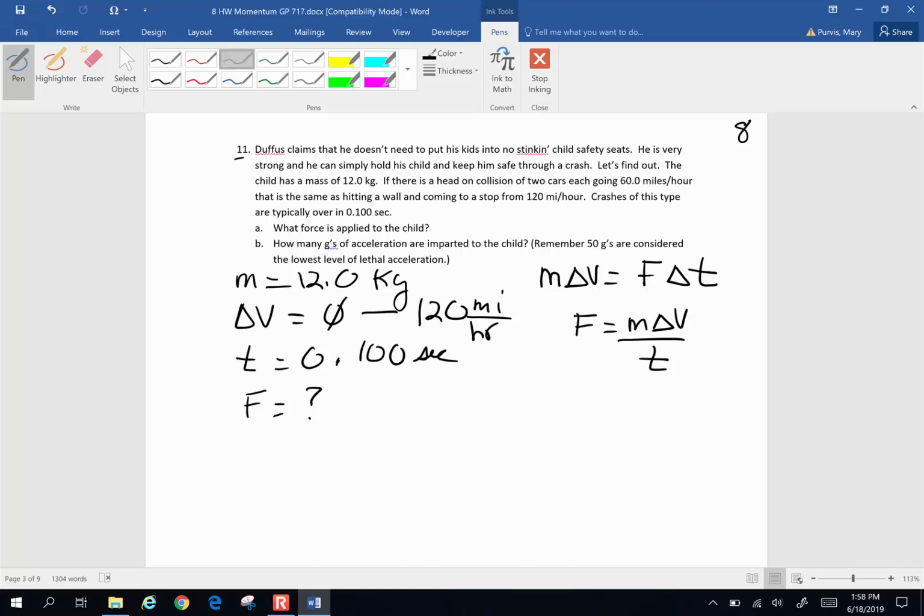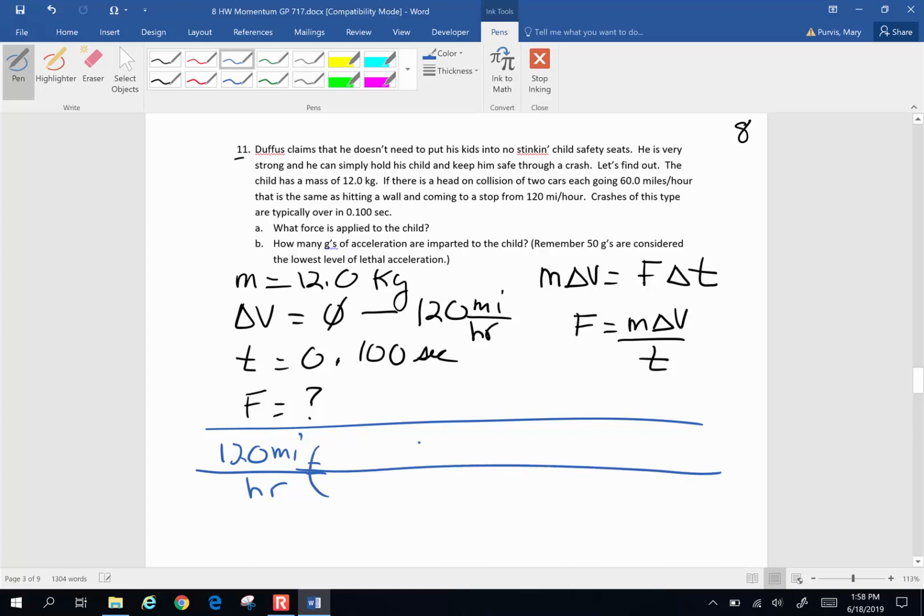So first, let's convert that 120 miles per hour into meters per second. Let's get rid of miles and go to meters. There's 1609 meters in a mile. That cancels. I like to circle what I'm keeping, so I'm done with meters. Now I'm going to get rid of hours and go to seconds.